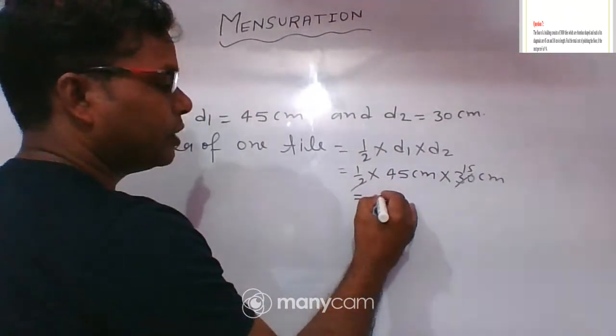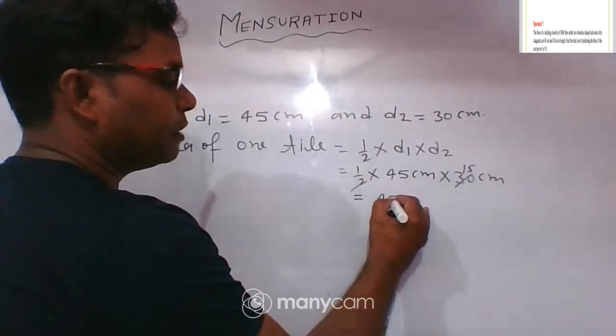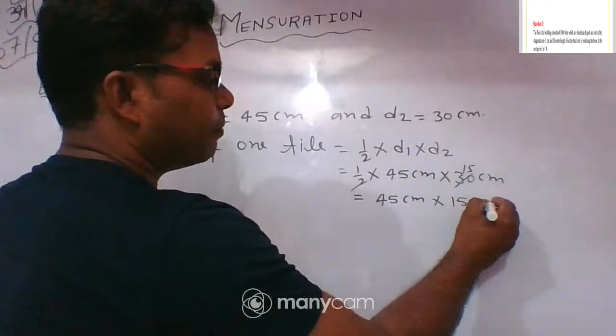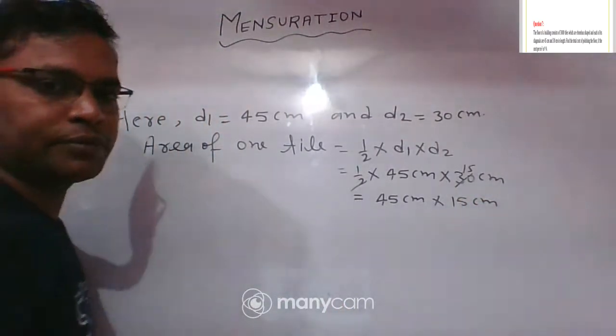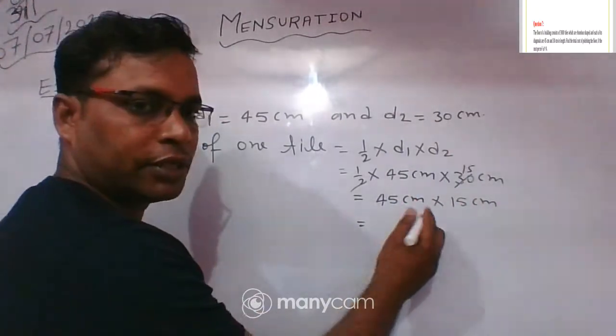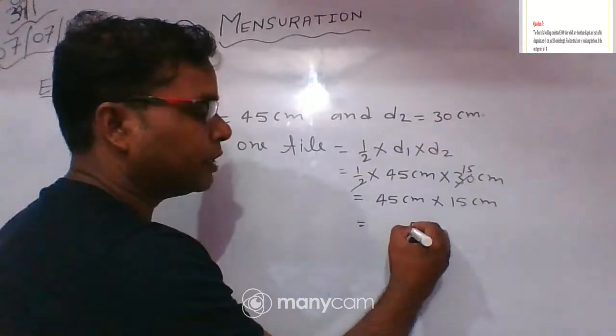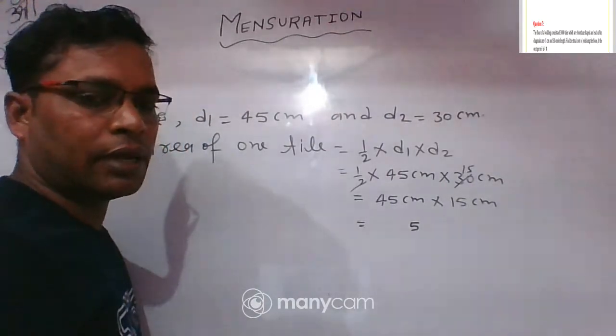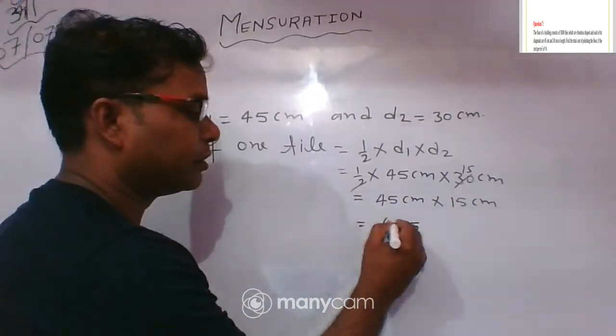So in this way we obtain 45 centimeters into 15 centimeters. Clear? Multiply: 15 times 5 is 75, write 5 carry 7, and 15 times 4 is 60 plus 7, 67.